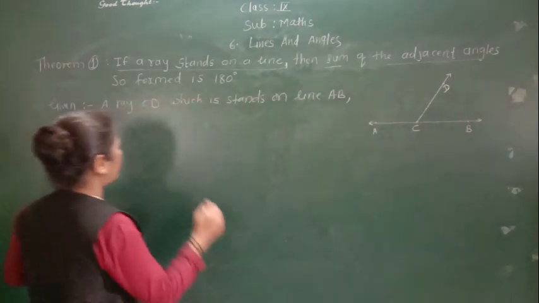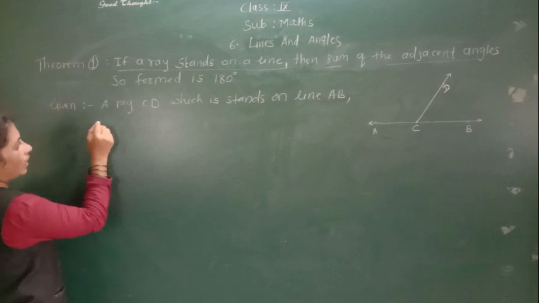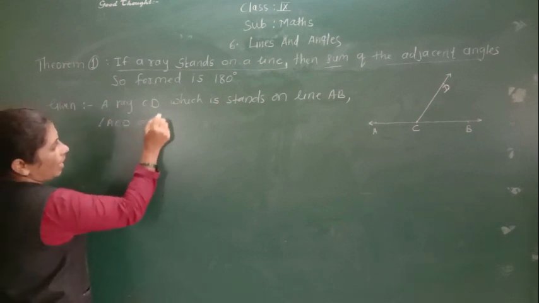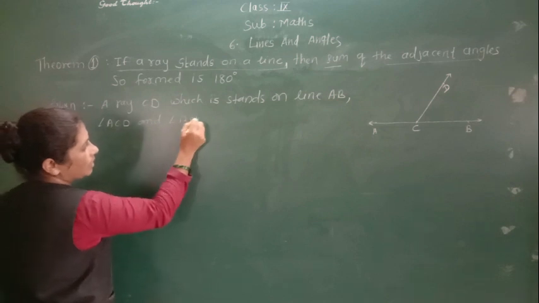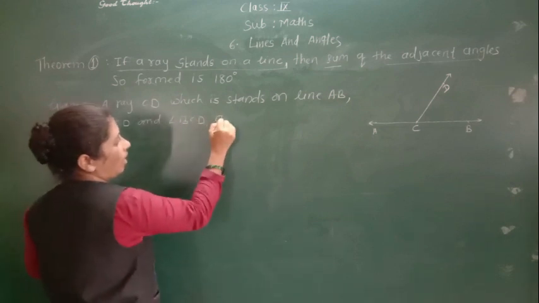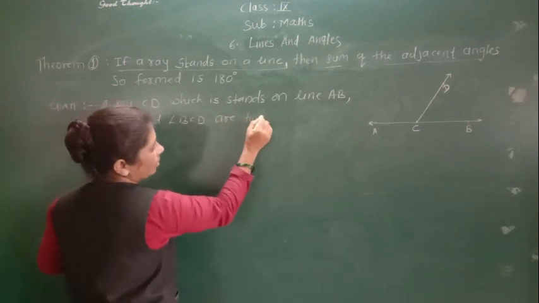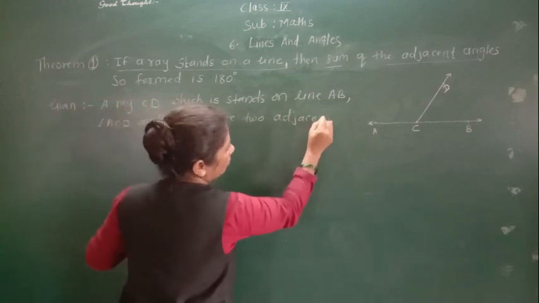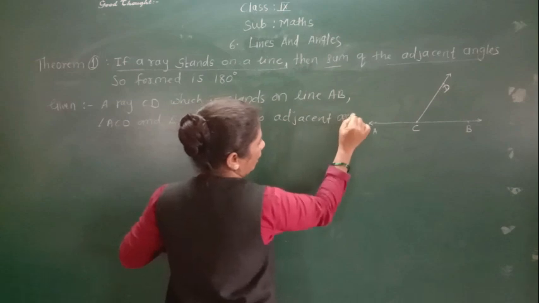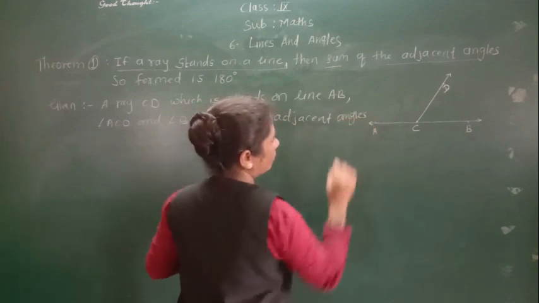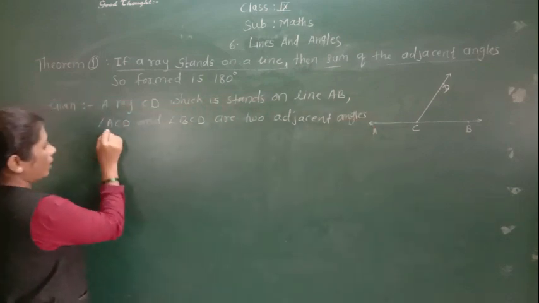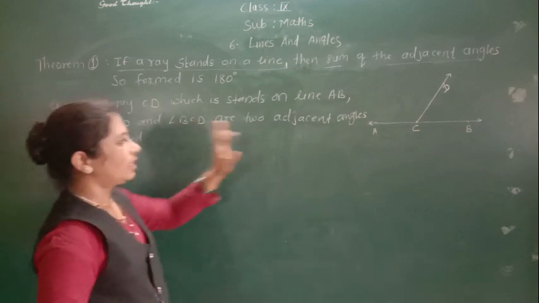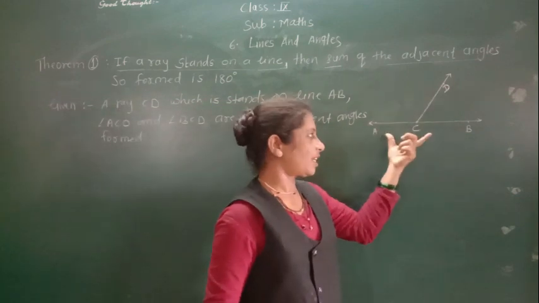We will write: angle ACD and angle BCD are two adjacent angles formed. These two adjacent angles are formed because of this ray CD which stands on line AB.